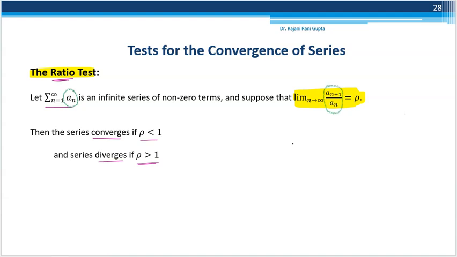So the steps in solving any question are: first find a_(n+1), then find the ratio a_(n+1) over a_n, and then take its limit as n approaches infinity. Based on that, you will check whether the series converges or diverges.